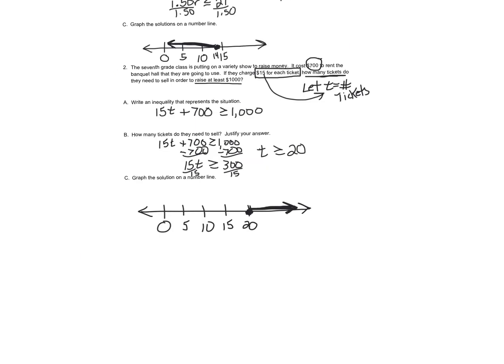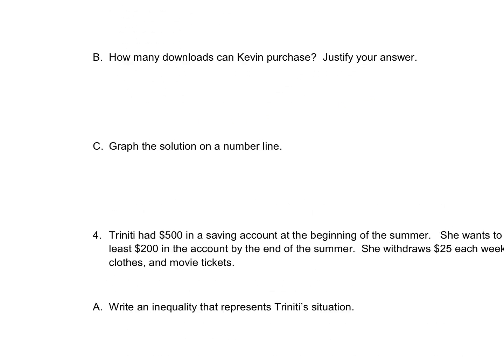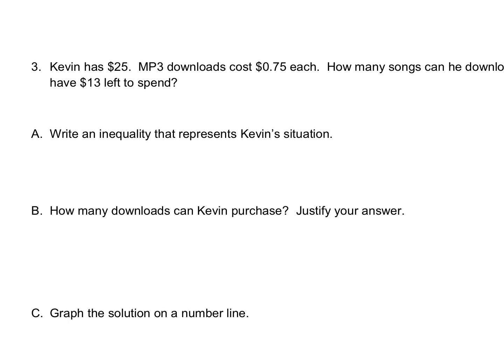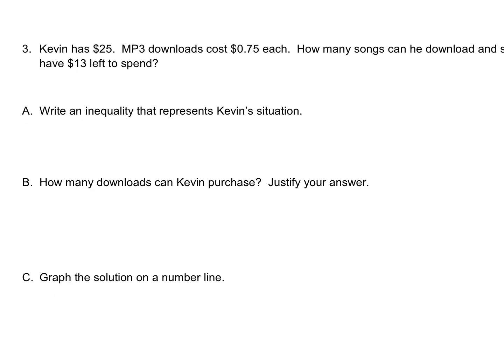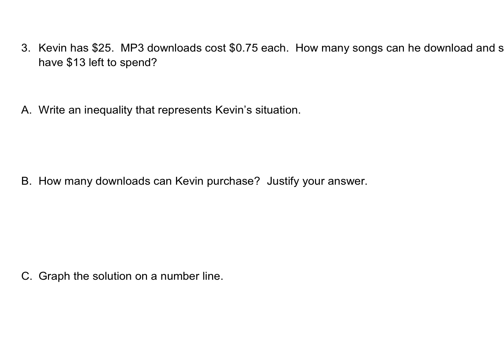Now we can go on to page 2. I want to get you started with those, and I would like you to try them on your own after that. So if we take a look at number 3, we've got Kevin has $25. So when they tell you something like this, Kevin has $25, that means that's his total. That's the biggest amount that he's going to be able to spend.